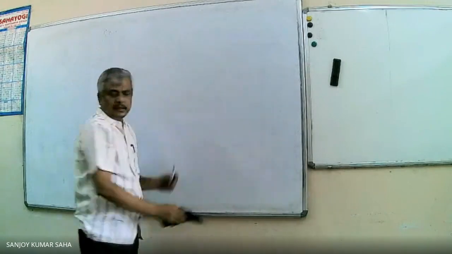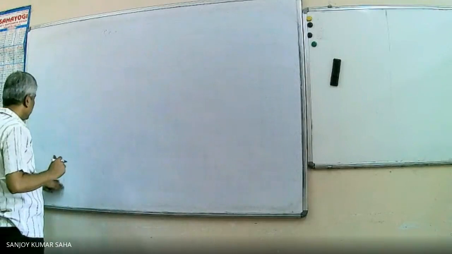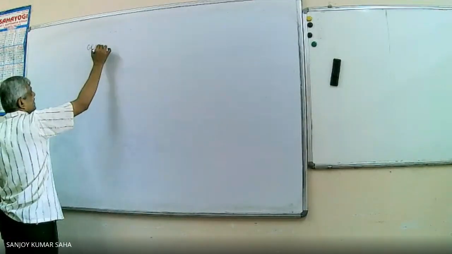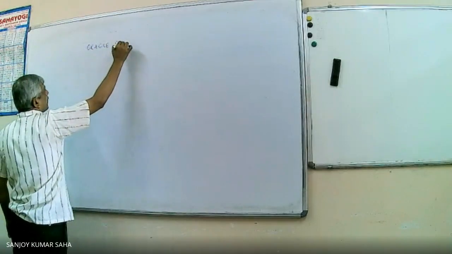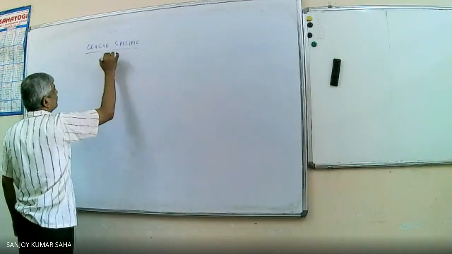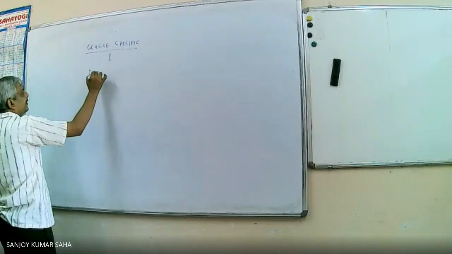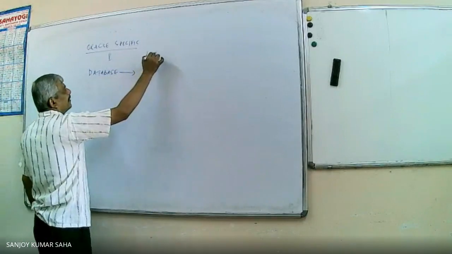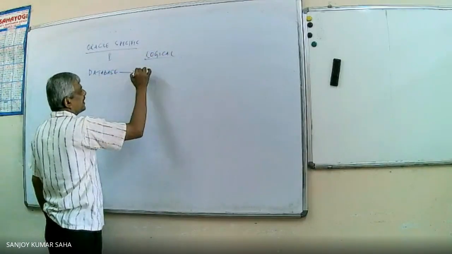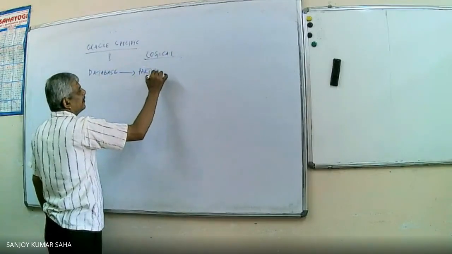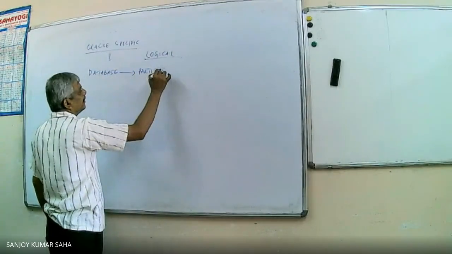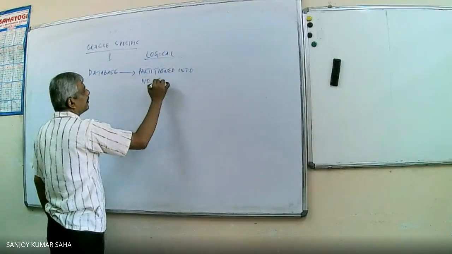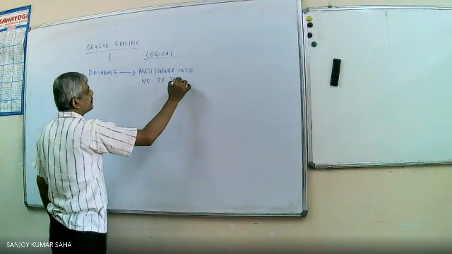So possibly that's all for SQL. Now, what I say regarding this is again Oracle specific. In case of Oracle, the database, this is the logical side, is partitioned into a number of table spaces.